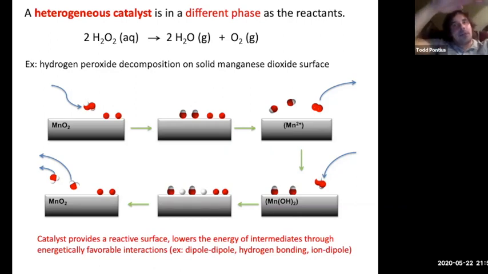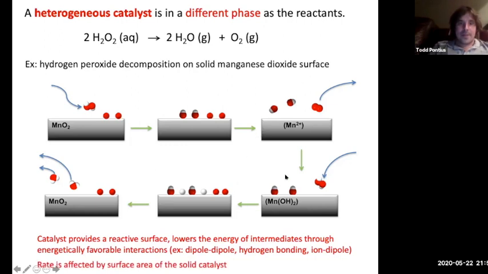Stabilizing them brings down their chemical potential energy, and by doing that, it creates lower energy activated complexes, lower energy transition states, more favorable, lower activation energy, faster reaction, et cetera. So another thing that we talked about before is that rate is affected by surface area and contact and collisions. So more surface area, generally speaking, the catalyst is going to give us a faster reaction.